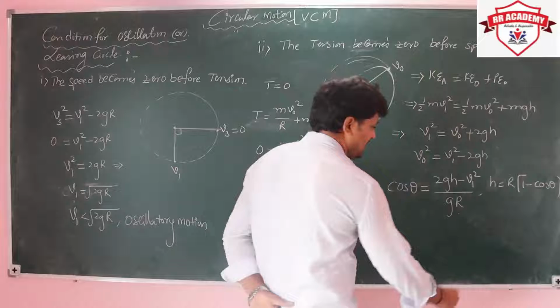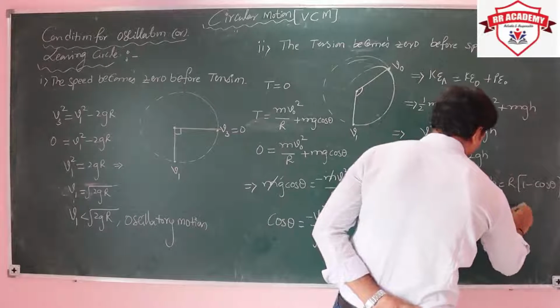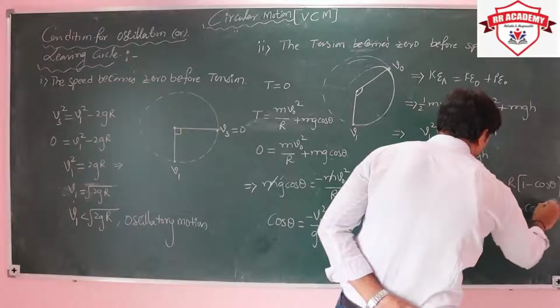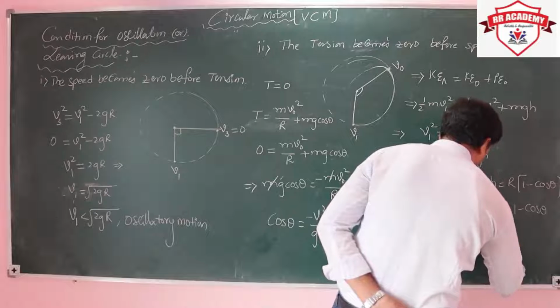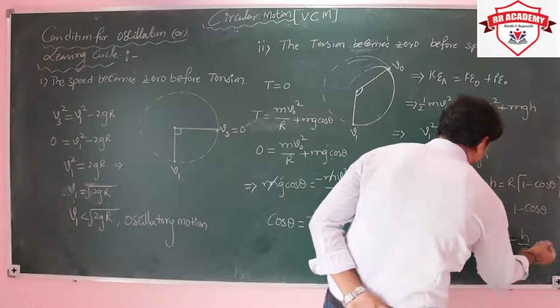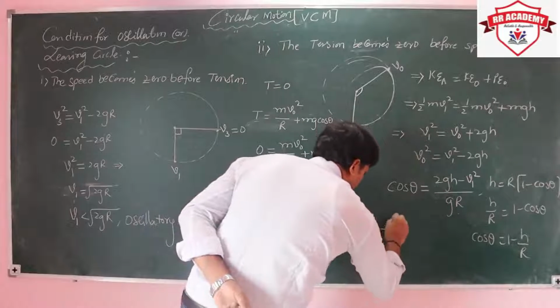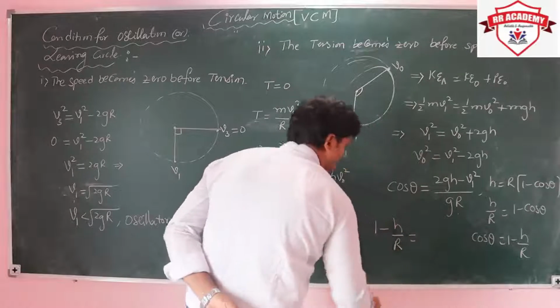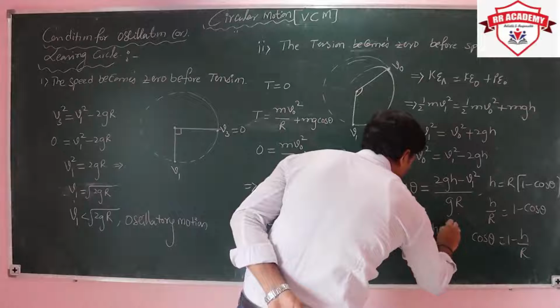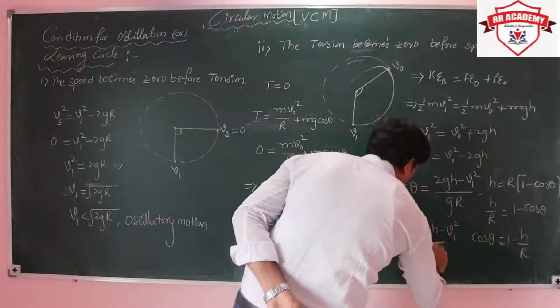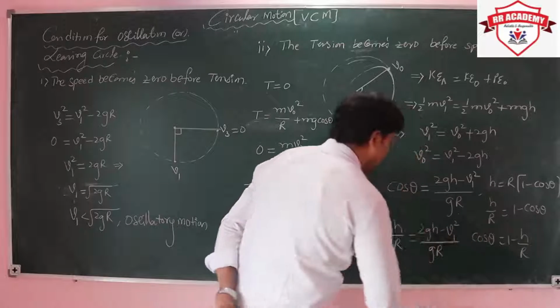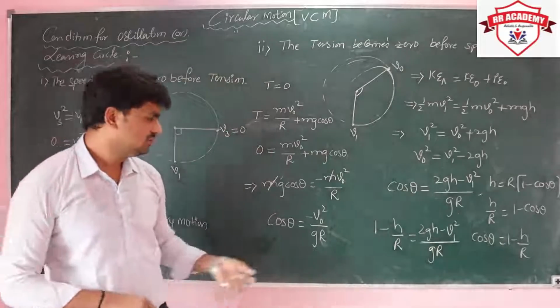Then h by r is equal to 1 minus cos theta, so cos theta is equal to 1 minus h by r. Putting that value, 1 minus h by r is equal to 2gh minus v1 square upon gr.